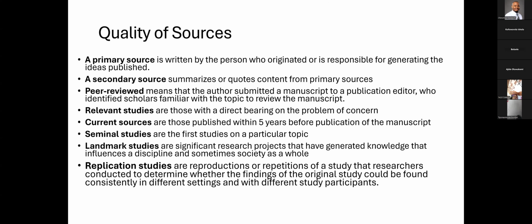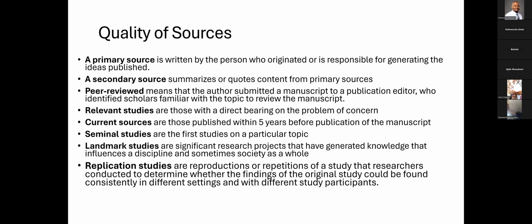Now, coming to the quality of sources. Most references cited in a quality literature review are primary sources that are peer reviewed. And when you ask me, what is a primary source? A primary source is written by the person who originated or is responsible for generating the ideas published.